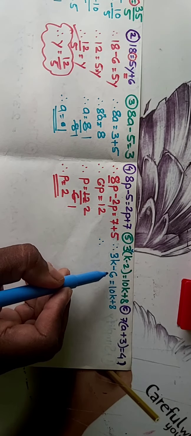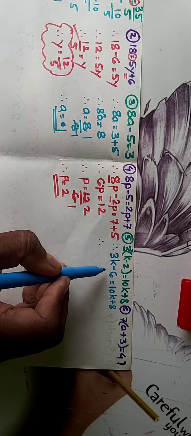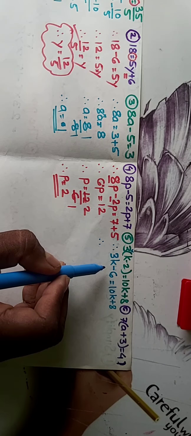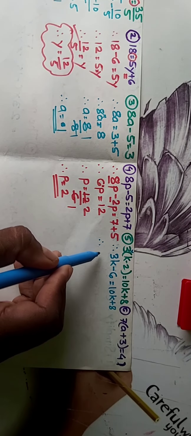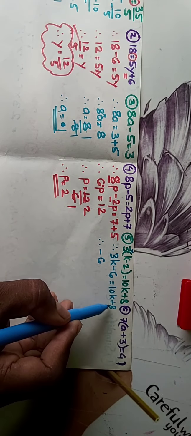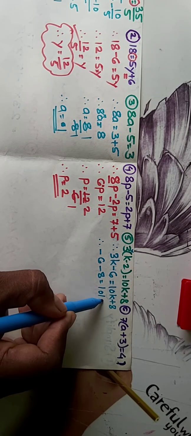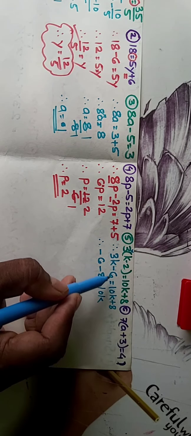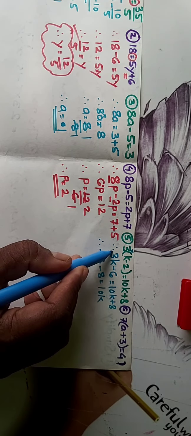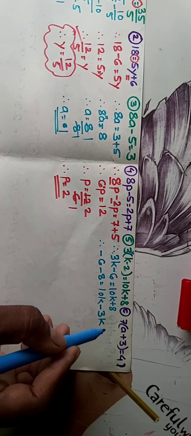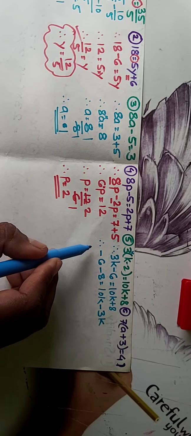3k and 10k, so now we'll shift this minus 6. This 8 we are transposing here, so plus 8 becomes minus 8 is equal to 10k, and this 3k we are transposing to this side, so here a plus sign, when transposing the sign changes, that is 3k minus 3k.